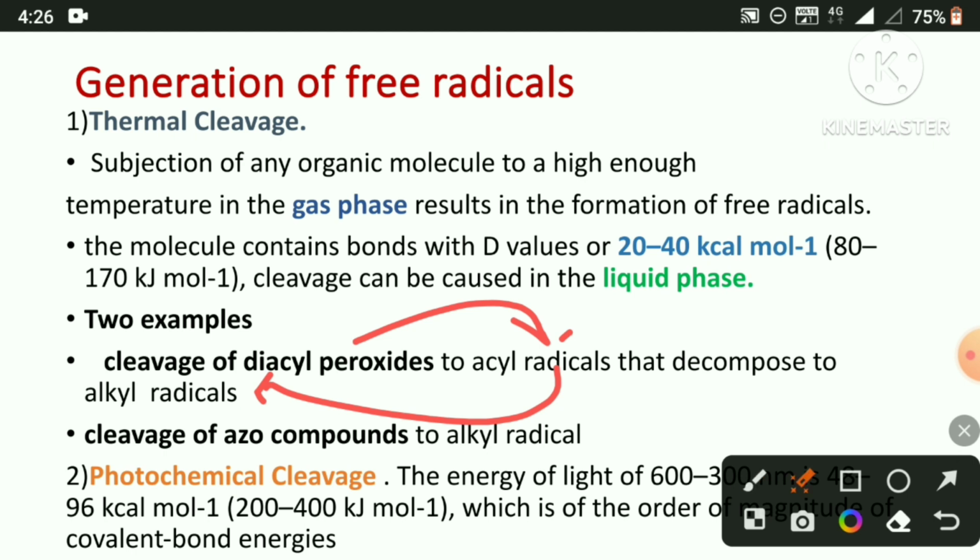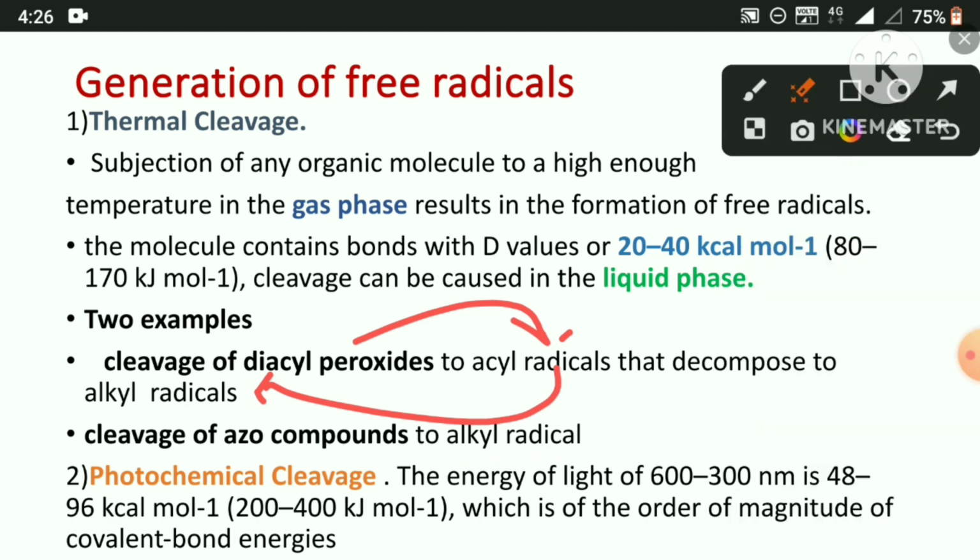Another one is cleavage of azo compounds. Azo compounds are converted into alkyl radicals by thermolytic cleavage. Then photochemical cleavage. Light radiation having 600 to 300 nanometer wavelength has energy of 48 to 96 kilocalorie per mole, that is equal to 200 to 400 kilojoule per mole, which is of the order of magnitude of covalent bond energies.